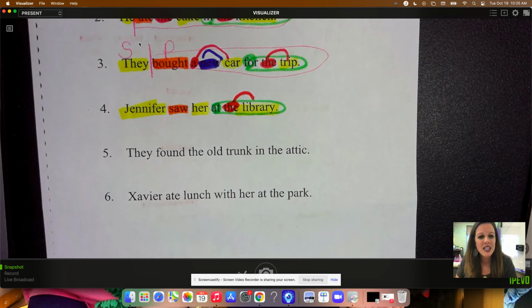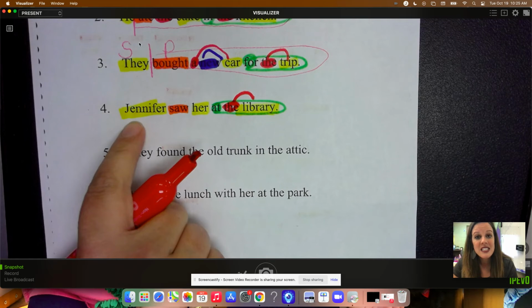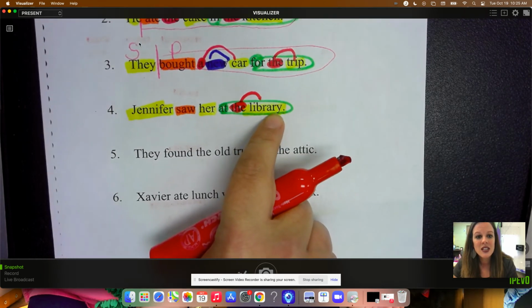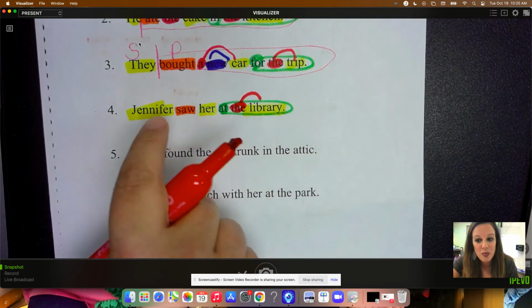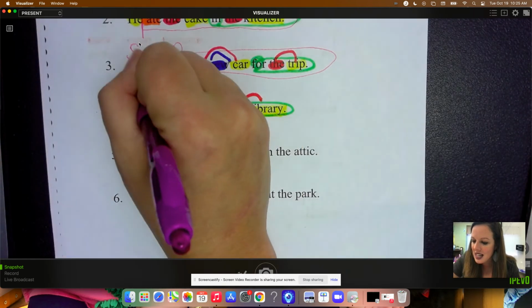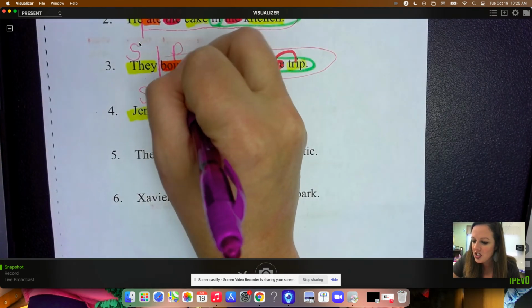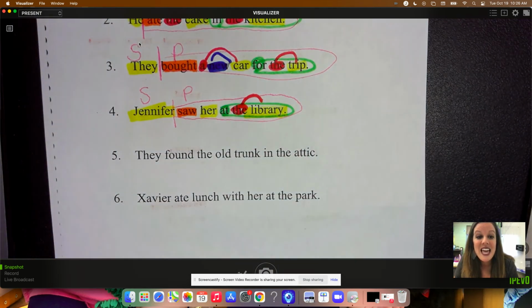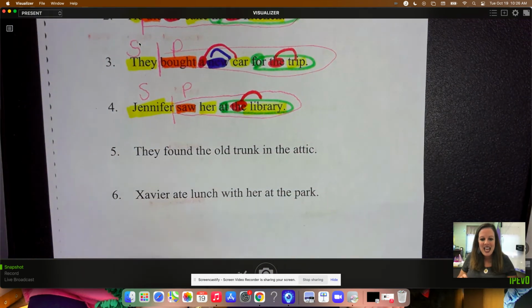Let's look at what I have in yellow. Jennifer, that's a noun. Her, that's a pronoun. Library, that's a noun. Jennifer's a special noun. It's called a proper noun because it's capitalized. Jennifer is the subject of our sentence. And what did she do? Well, she saw her at the library. That's the predicate.